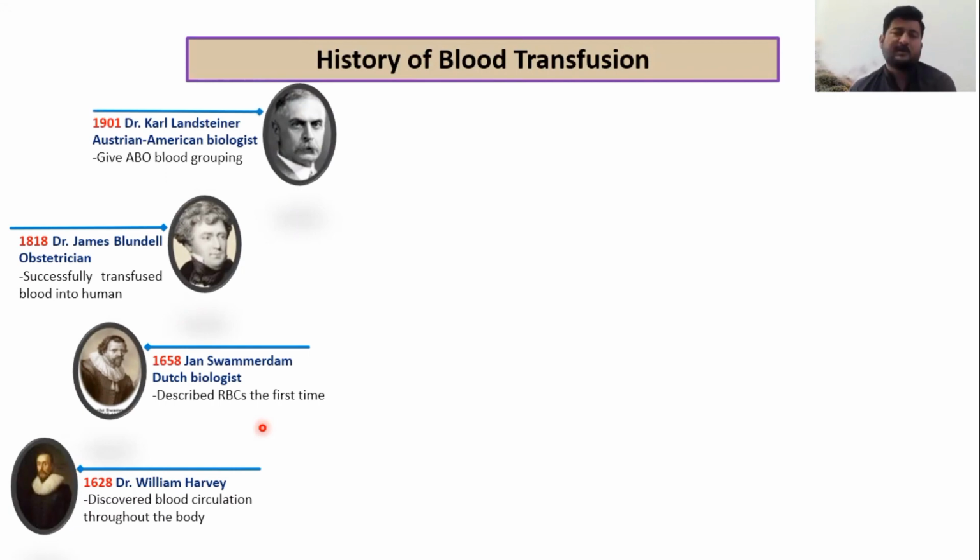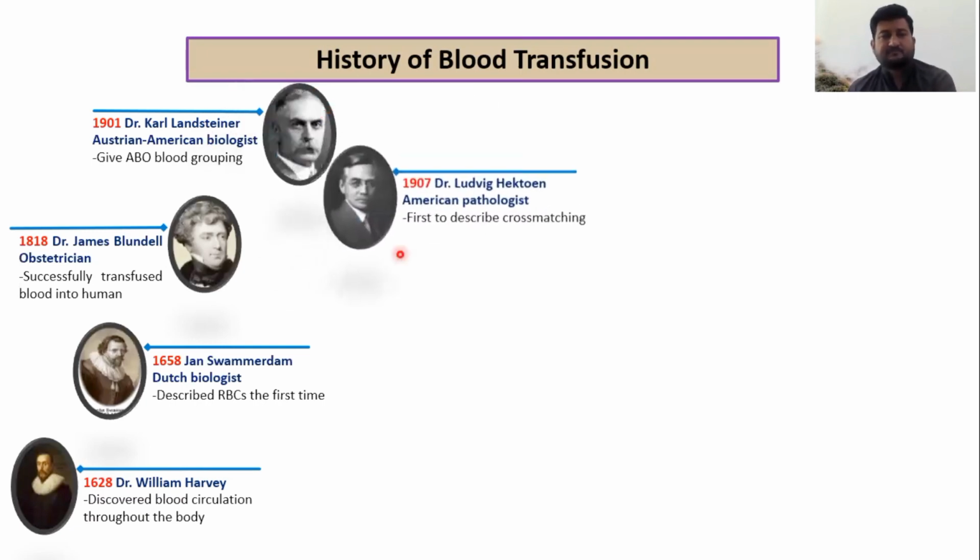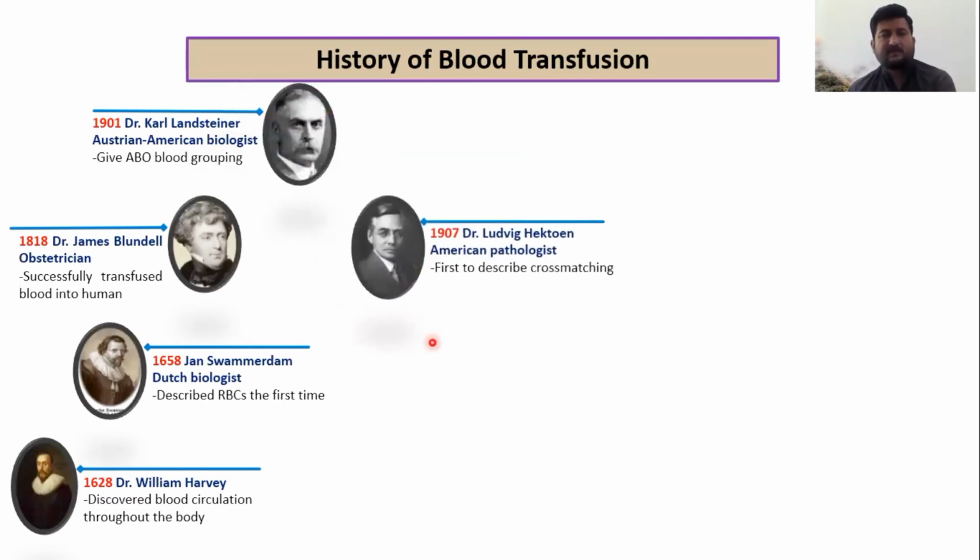In 1907, Dr. Ludwig Hektoen, an American pathologist, was the first to describe cross-matching. The cross-matching concept was given by Dr. Hektoen in 1907, after Dr. Karl Landsteiner, who discovered ABO blood grouping.